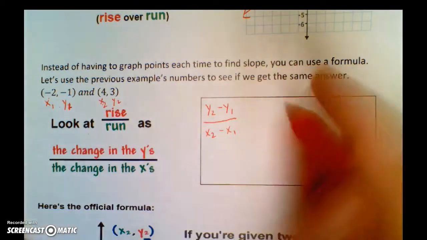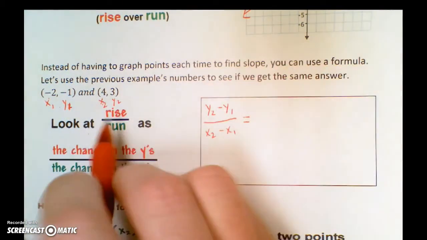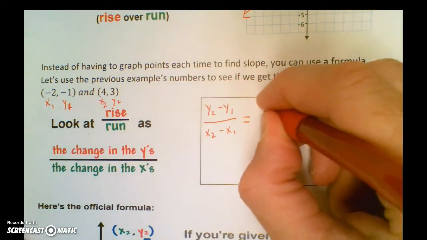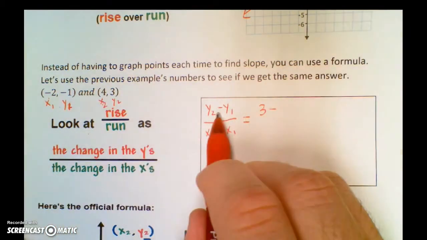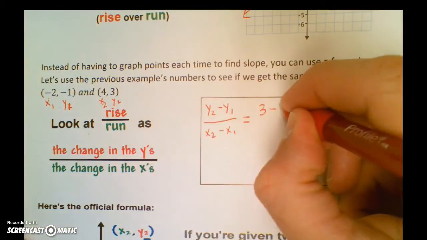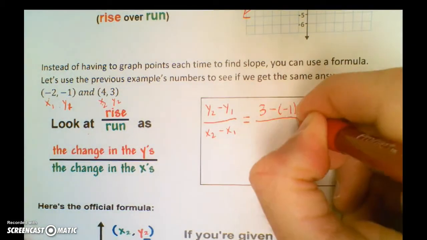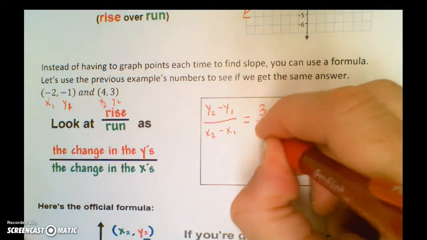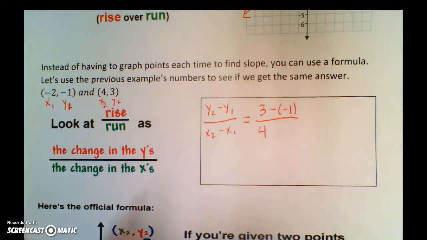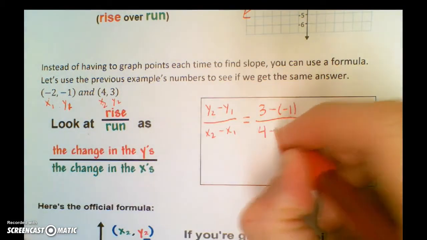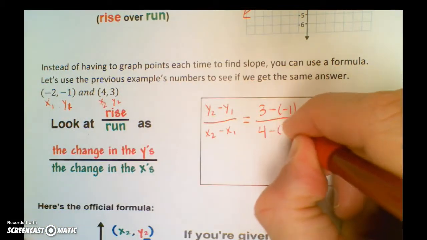And now I'm going to plug these values into my formula. So I take y2, which is 3, minus, notice the minus is there, a -1, divided by x2, which is 4, minus x1, which is -2.